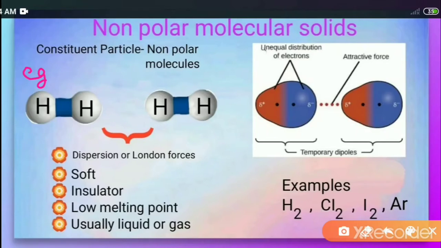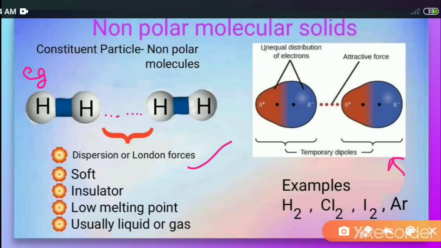Hydrogen is a non-polar molecule. Two molecules of hydrogen are taken, and a weak attractive force is found between these two, which is called dispersion force or London force.